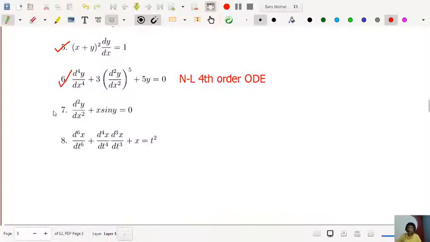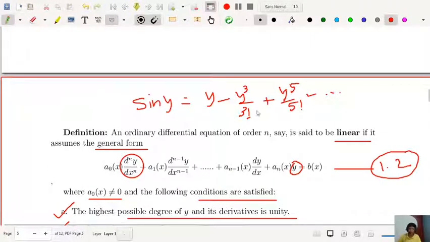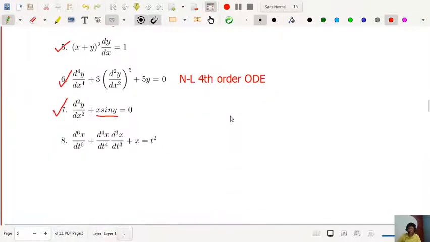Okay, and come to the seventh one. What about the seventh, equation 7? This is also d2y dx2, but you have a product with a transcendental function, sin y. Sin y is also a nonlinear term, because I have explained the expansion of sin y. If you have sin y, that is nonlinear in the dependent variable.